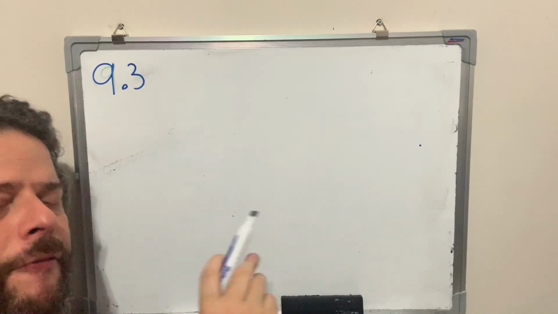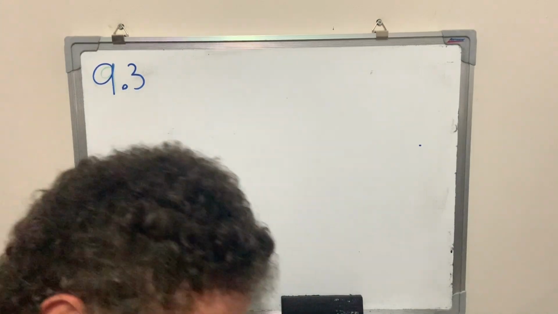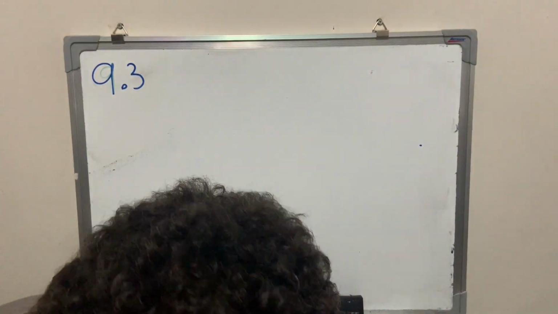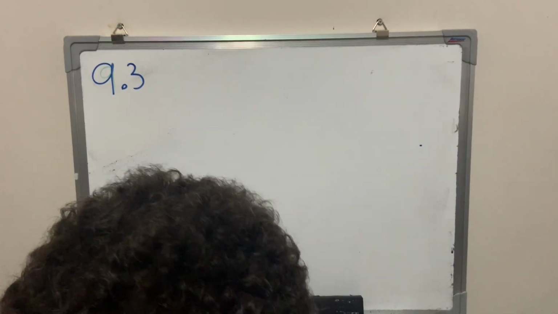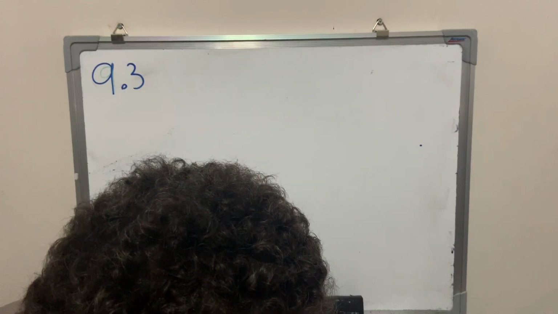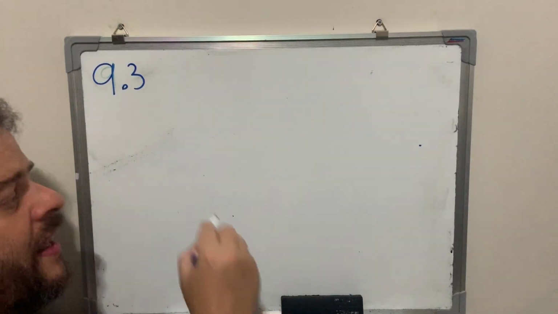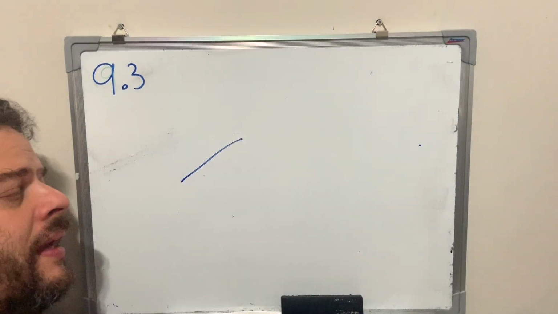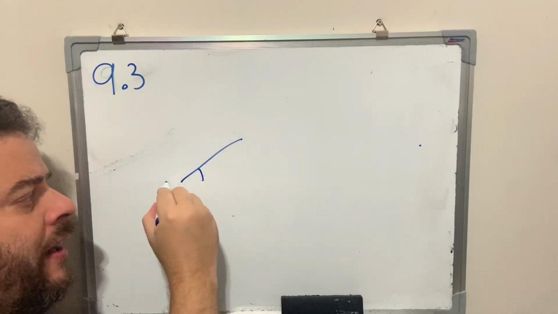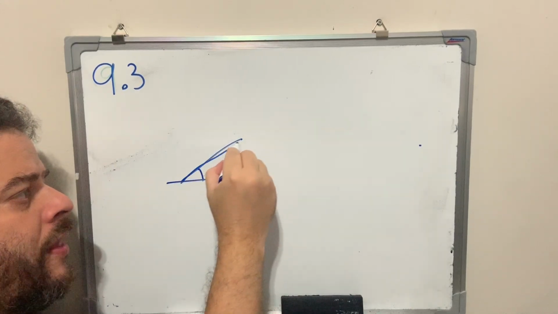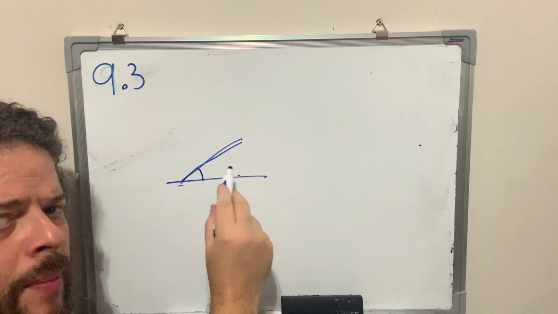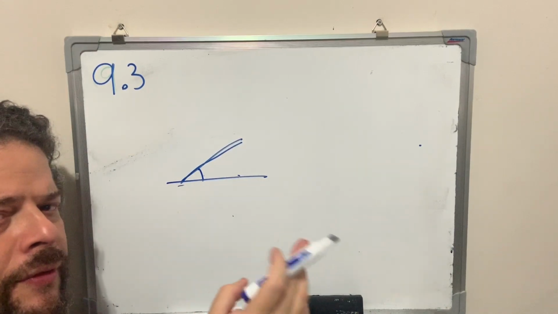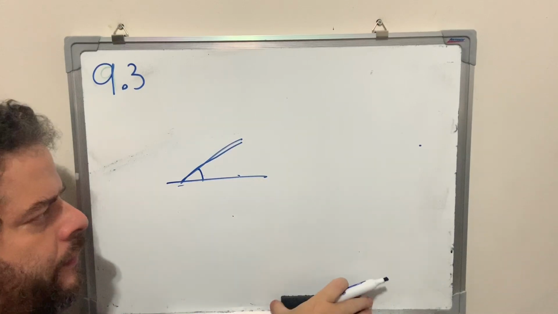Now, the definition of a reference angle is on page 480 at the top. It says that a reference angle is an acute angle formed with the terminal side and the x-axis. Remember, acute means greater than 0 and less than 90.